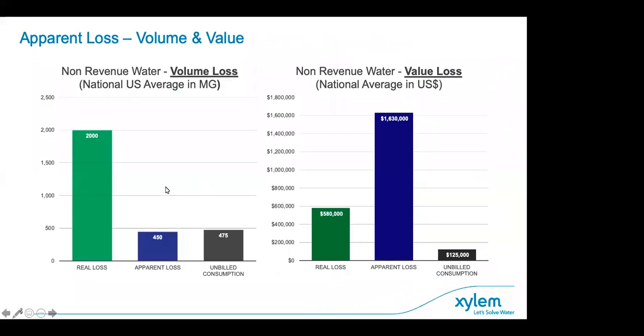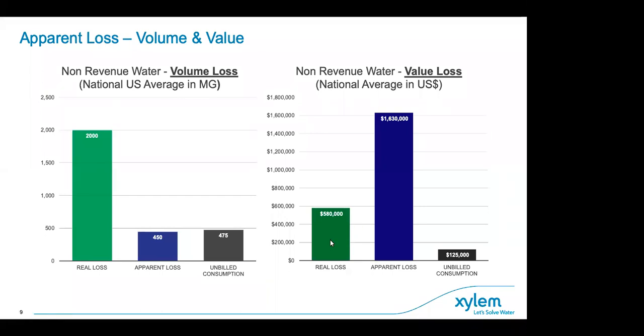It's interesting with this next slide when you compare the volume and value of real and apparent losses. On the left-hand side, we can see that real losses are approximately 5 times higher than apparent losses as a volume, and this is why, in most cases, real losses would be targeted. But when you look at the value those losses represent, apparent losses are over 3 times greater in value than real losses.